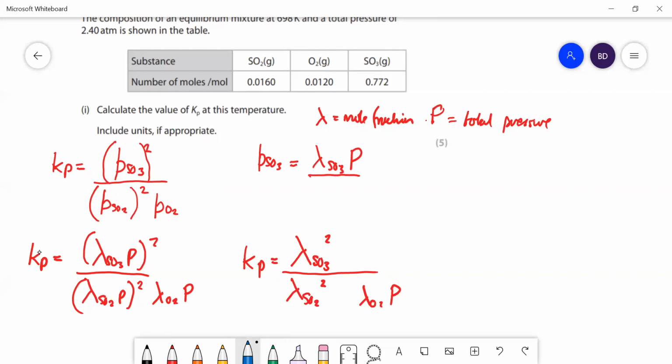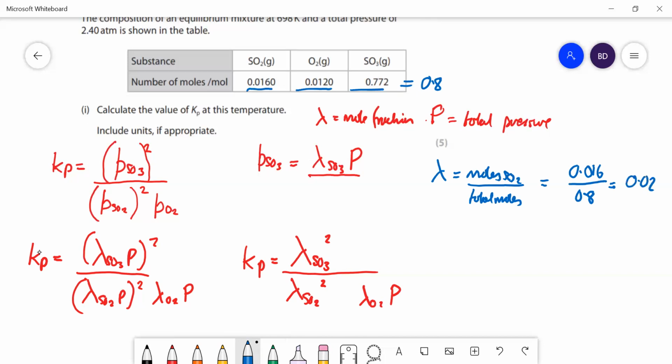So mole fraction, how do we do that? Mole fraction is equal to the moles of, let's do SO2, divided by the total moles. So the total moles, we're going to add that and that and that together, and that comes to 0.8. So the mole fraction of SO2 is going to be 0.016 over 0.8, which is equal to, nice round number, 0.02.